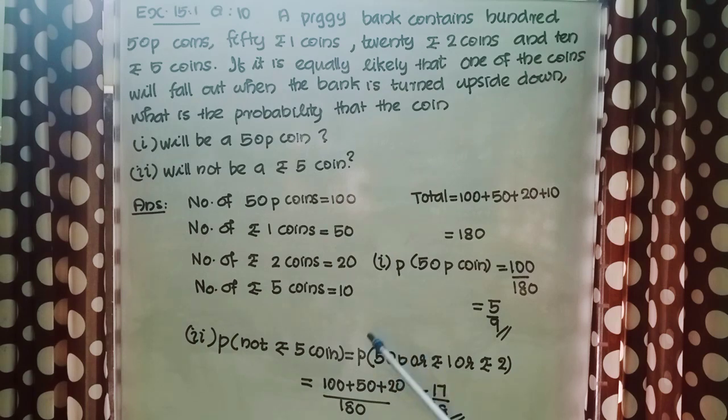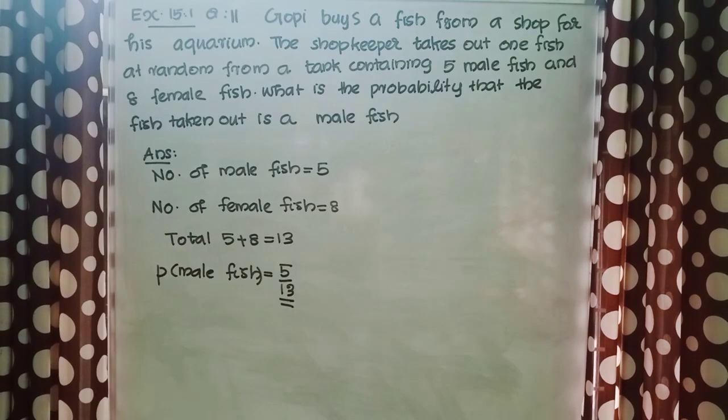So probability of 50 paise or probability of rupee 1 or rupees 2. So that is equal to 100 plus 50 plus 20 whole divided by 180. That is equal to 170 by 180 to the lowest form, that is equal to 17 by 18.